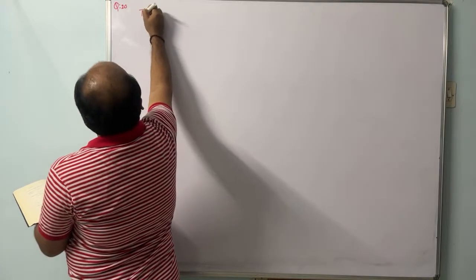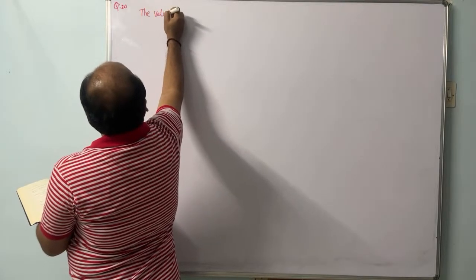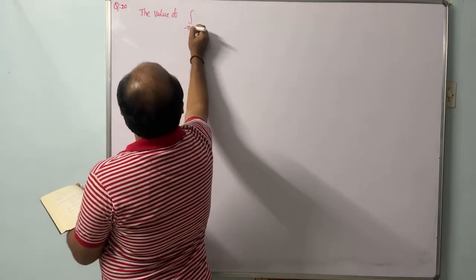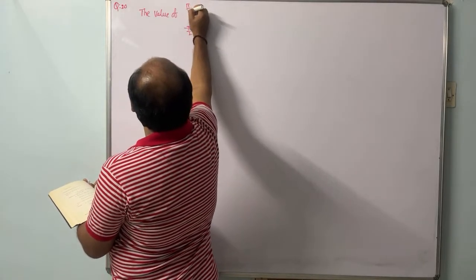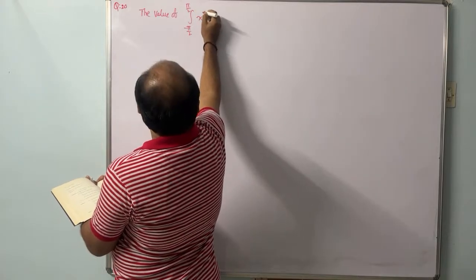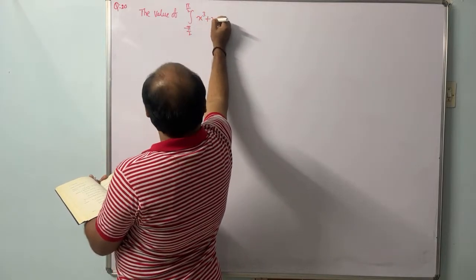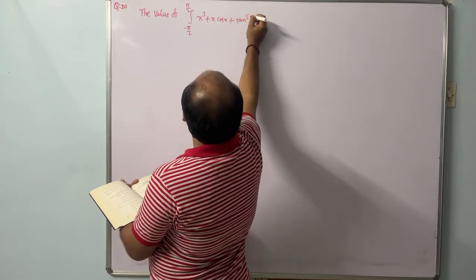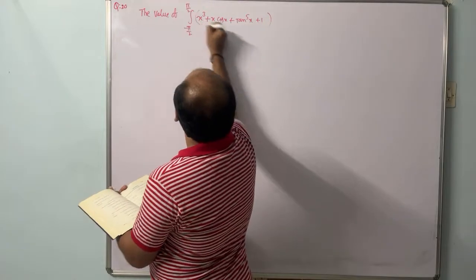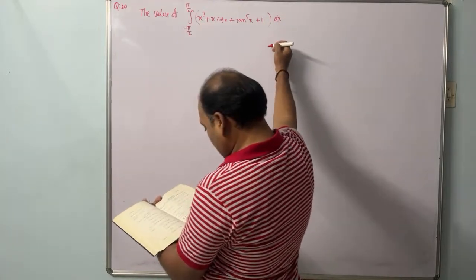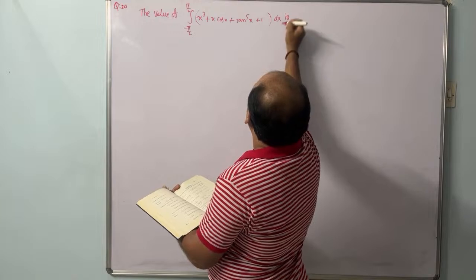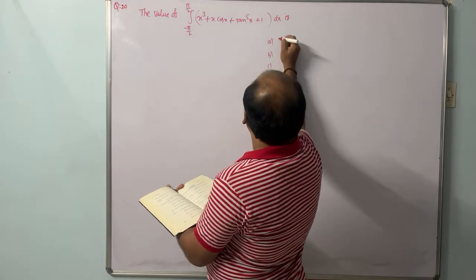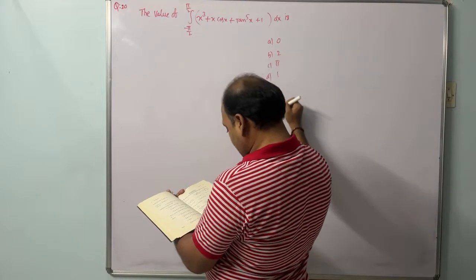The value of integral minus pi by 2 to pi by 2 of x cube plus x cos x plus tan power 5x plus 1 into dx is equal to: first option, second option, third option, fourth option: 0, 2, pi and 1.